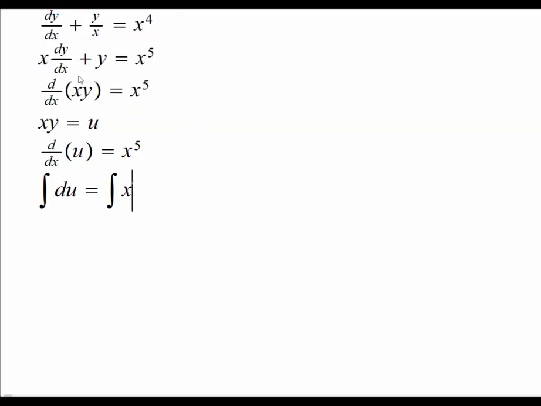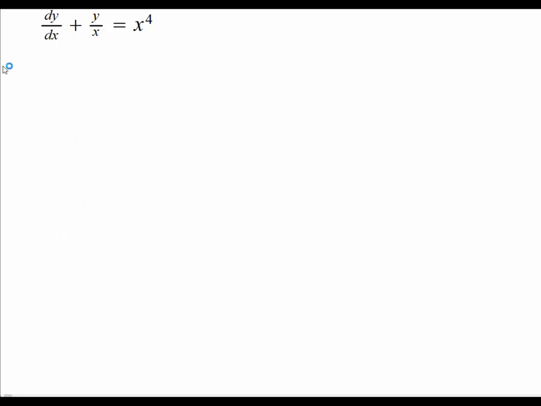We can get this as x to the 5 dx, and when we integrate it, we get u equals x to the 6 over 6, and then we can leave an arbitrary constant here.